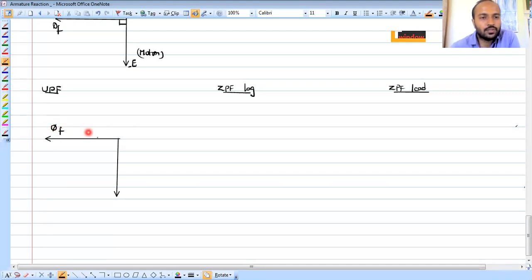So this is the direction of main field and this is the direction of induced EMF. And in case of unity power factor, both phi A and E will be in phase, right? This is the unity power factor. So in this case, what is the effect? It is cross magnetization. Why? Main field is moving like this, armature flux is moving like this. Those two are crossing. So the effect is purely cross magnetization effect.